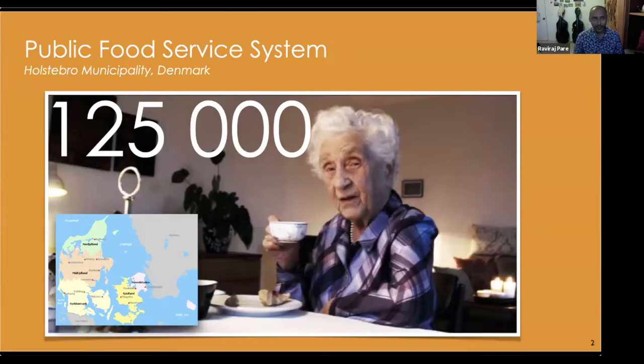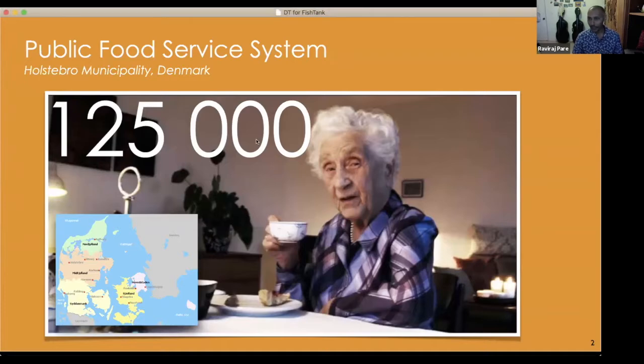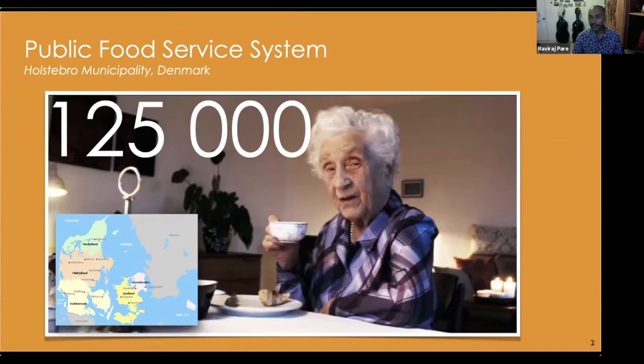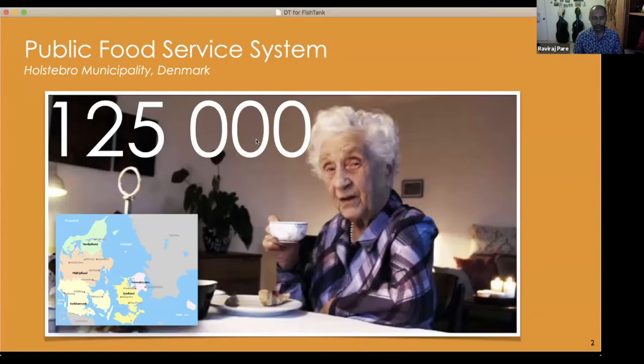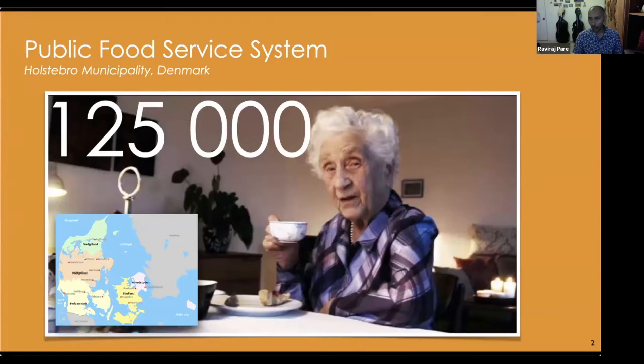It's a small municipal county in Denmark where they had a much higher elderly population because of the migration of people. When the elderly were on their own, they could not cook for themselves, perhaps could not shop for themselves, so they had to avail services from the county.